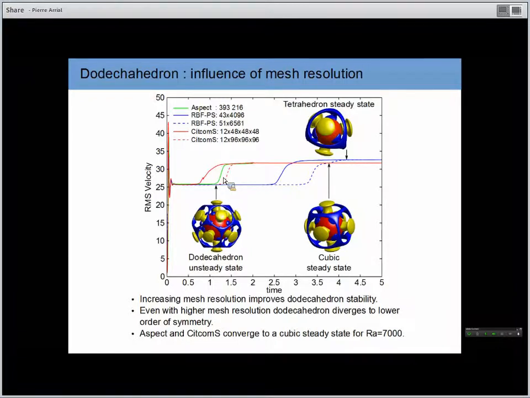I'm going to show you a model that we call pulsating for the RBF method. The movie is slower than the previous one. You can see at some point plumes are starting to merge, here only on one side. The plume on the other side didn't merge or even separate very well.